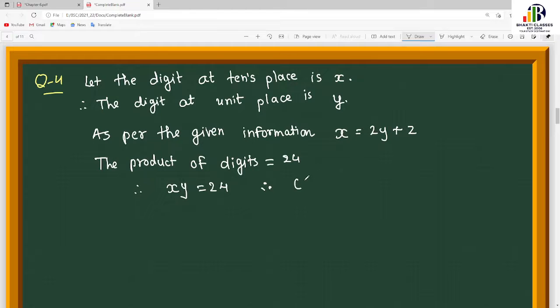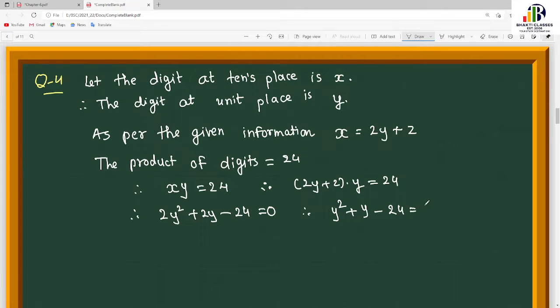So we can write (2y plus 2) into y is equal to 24. So that 2y square plus 2y minus 24 is equal to 0. Therefore, taking 2 common, we will have y square plus y minus 12 is equal to 0.